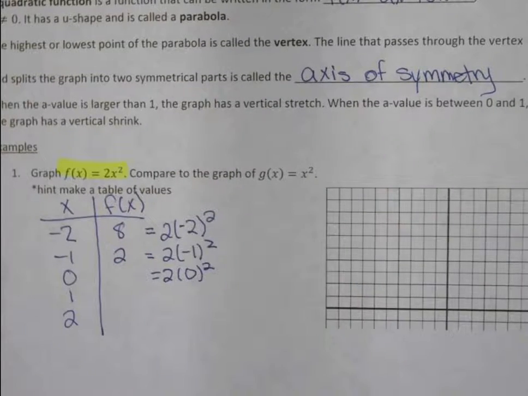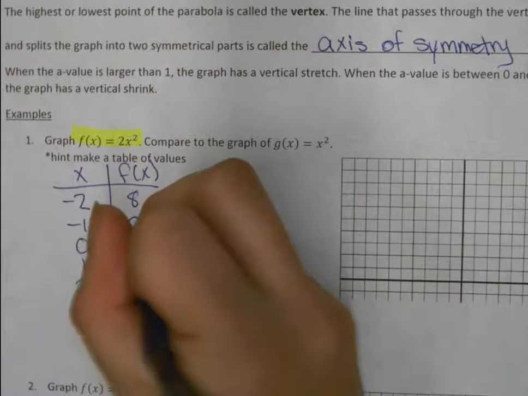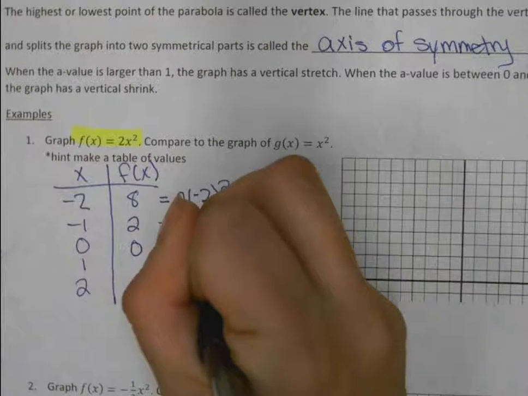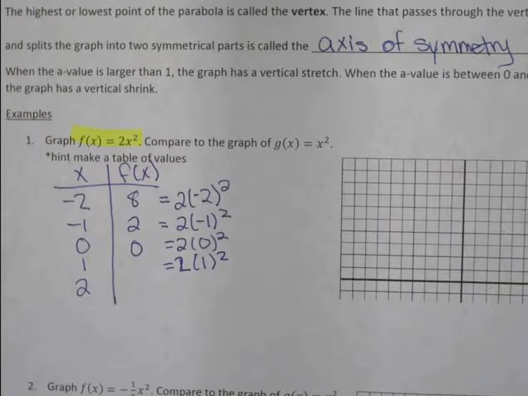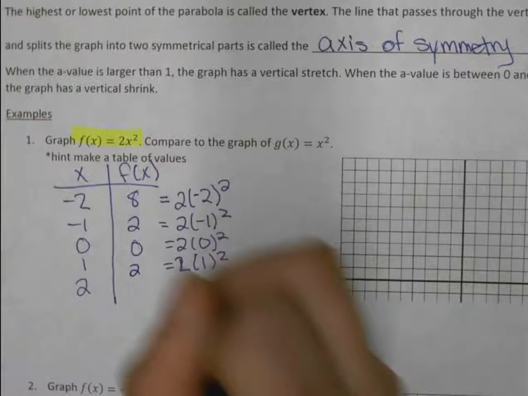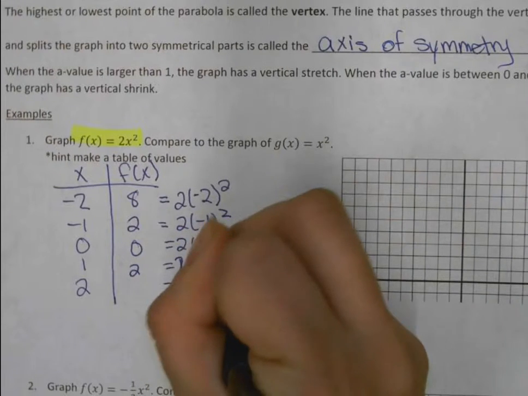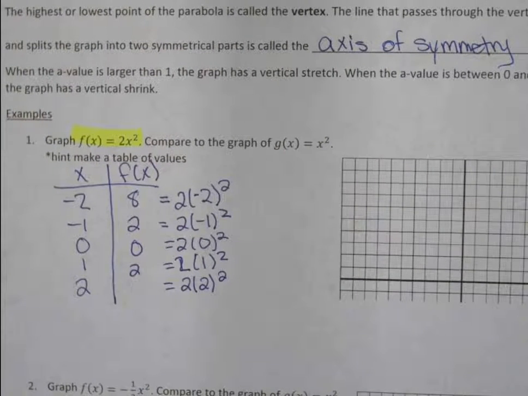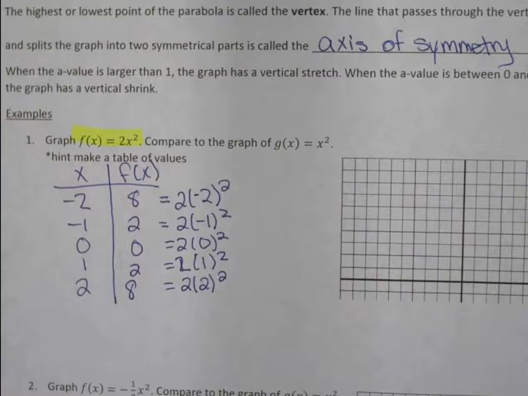I have 0 squared, 0 times 2. I have 1 squared, which is 1, times 2. And then I have 2 times 2 squared, so 8. Questions on getting my y values, which I've called f of x on this graph?